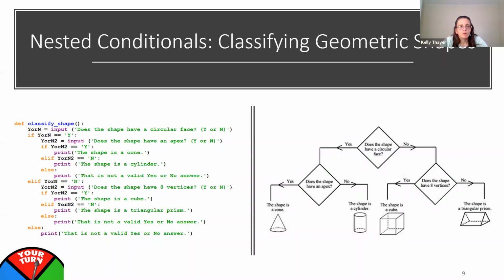This is an example. This is nested conditionals. I've taken this from one of my computer science classes. It's a very good example of a classifier. If we consider some Python code over here, we can see that this is a function which is going to classify shapes based on various inputs. There will be binary questions asked, and those questions will then sort the shapes into one of 4 various geometric shapes.